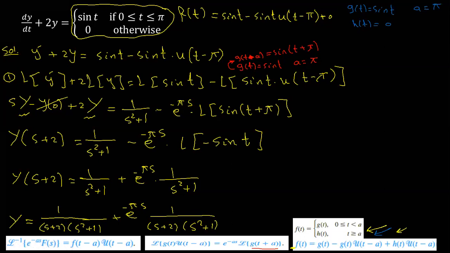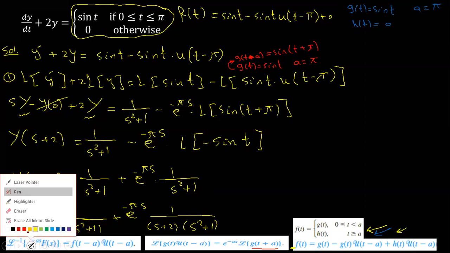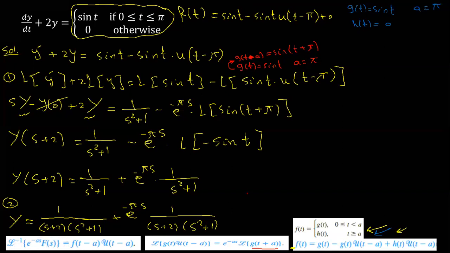Do you remember the steps after that? After getting y capital, it is our second step. Third step, do you remember what is the third step? Bailey? After getting y capital, the third step is to take the inverse Laplace of all of them.